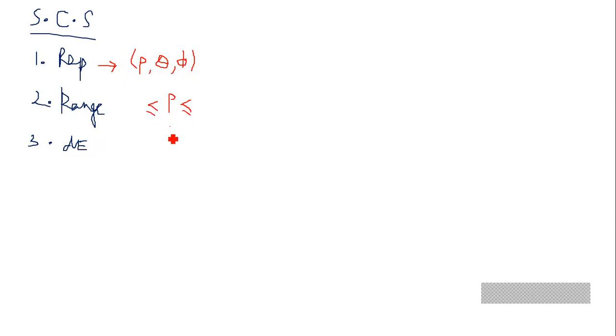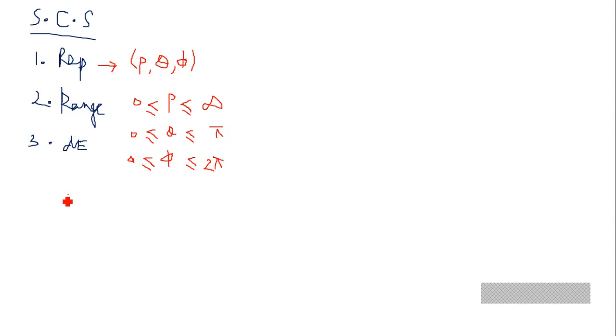Only theta is new for us. The range of rho is from 0 to infinity. For phi, it ranges from 0 to 2 pi. Whereas theta ranges from 0 to pi.